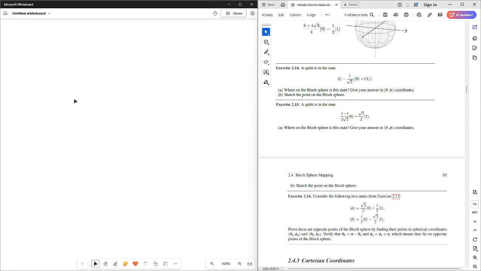So we're in the state plus I. Luckily, we don't have to mess around with doing any kind of complex conversions. So let's turn this around. Spherical coordinates.